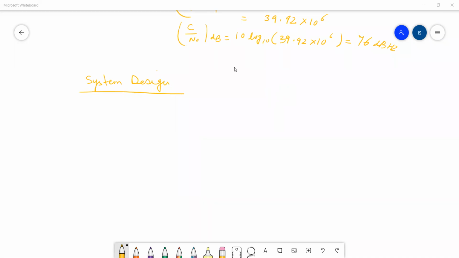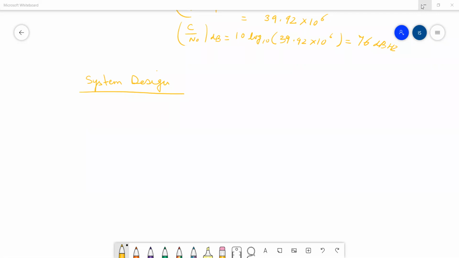Then consideration of antenna is also required. Signal to noise ratio is required for the analog signal, and if we are transmitting digital signal, then the bit error rate is required. So the final parameter estimated is the link margin.